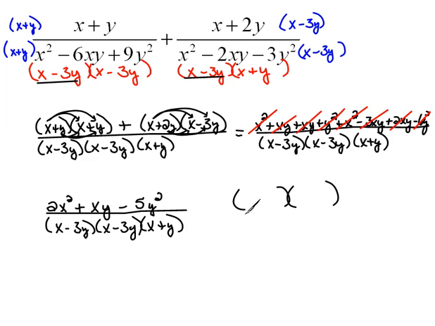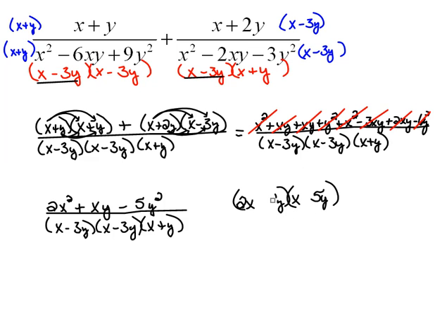to see if anything will cancel on top and bottom. So whenever we try to factor that numerator, 2x squared can only break down into 2x times x, and for 5y, our only choices are 1 times 5, so it'd have to be 1y and 5y. But when we check that, we would have 10y and 1y, which is not going to give us a 1 in the middle.